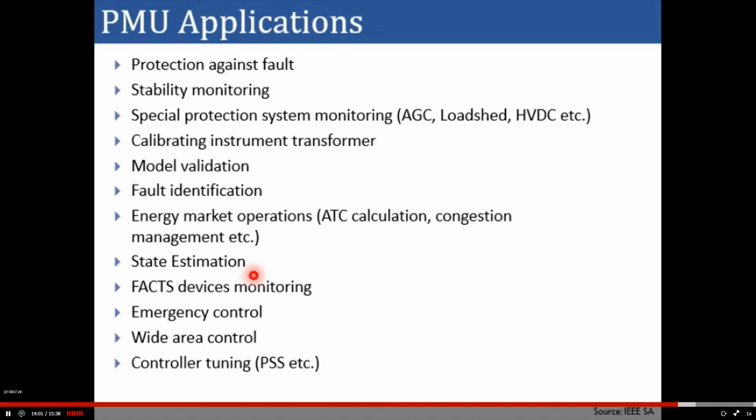So in that way, the state estimation can be utilized for real-time monitoring and control of the power system network. Now, FACTS devices monitoring. Flexible AC transmission system devices we can monitor and even fine-tune with the help of phasor measurement unit data. We can also utilize PMU for any emergency control for the power system network. We can use PMUs for wide area monitoring and control, because PMU helps in giving the data time stamped with the help of GPS clock.